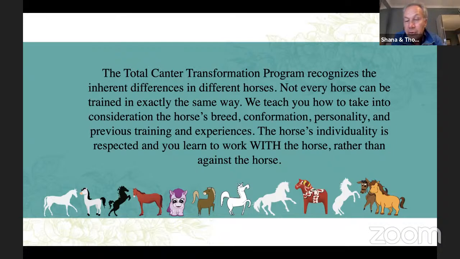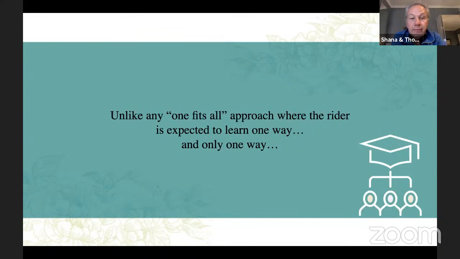We want you to work with the horse, of course, and not against the horse. There is not just one way of doing things. There are many different ways of solving problems, and you have to find what works for your horse, right? So we always encourage people to experiment, to try things out, see what happens, so that they find the best solution together with the horse.